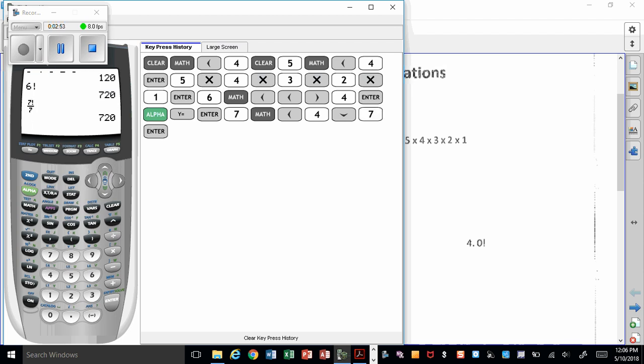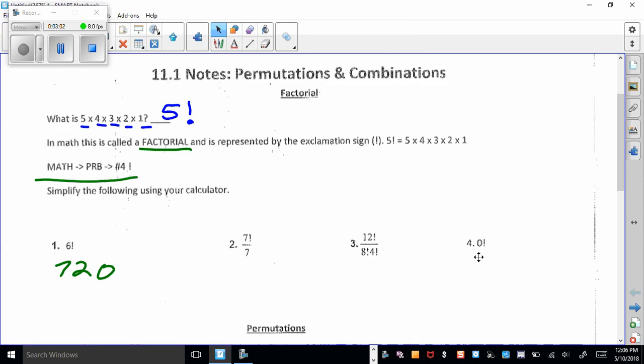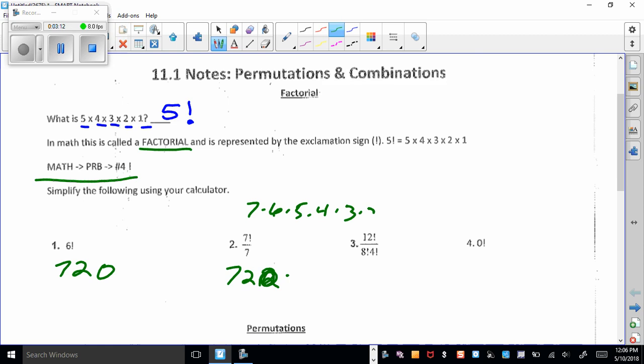So we treat it just like a regular number. And look, since we divided out the 7, what was left was 6, 5, 4, 3, 2, 1, so it was 720. So this was also 720, because 7 factorial was 7, 6, 5, 4, 3, 2, 1. And then we divided by 7, so that goes away, and you get 6 factorial, which is 720.